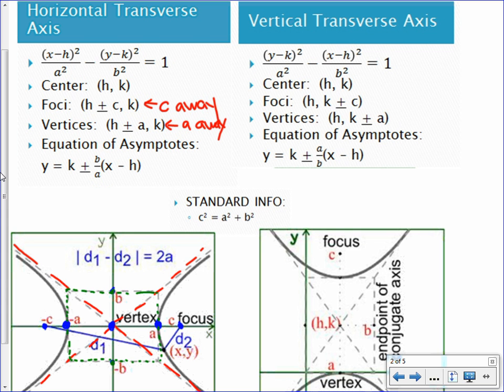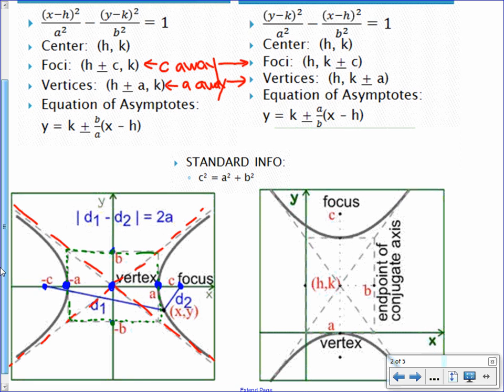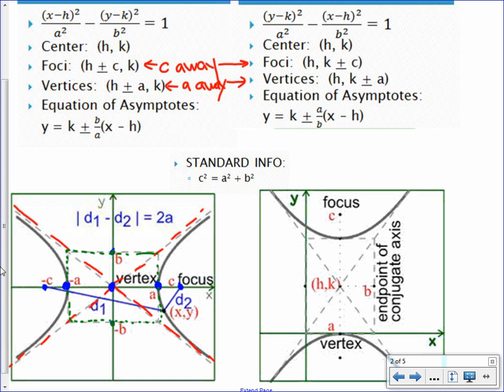So just like here, our center is (h, k), our foci are (c, 0), but now vertically. Our vertices are (a, 0), but now vertically. A and B are still going to help us with the slope of our asymptotes.